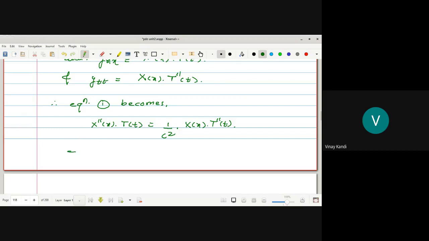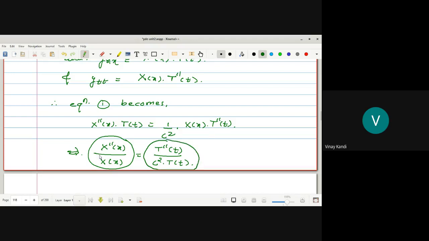By rearranging the terms, we have X double dash of x upon X of x is equal to T double dash of t upon c square into T of t. Okay, in this method of variable separation, look at what we did: the left hand side is completely a function of x, and the right hand side is completely in the variable t. That's why this method is called the method of separation of variables.